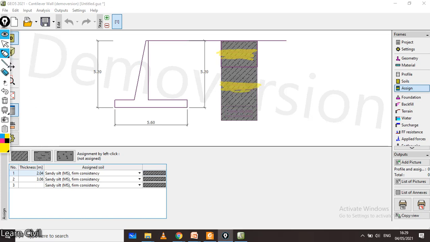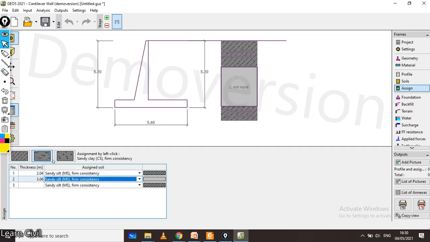So we have to change the properties of second and third layer. We'll select this second layer, that is this layer, and click here. Just a minute, there is some error I think.